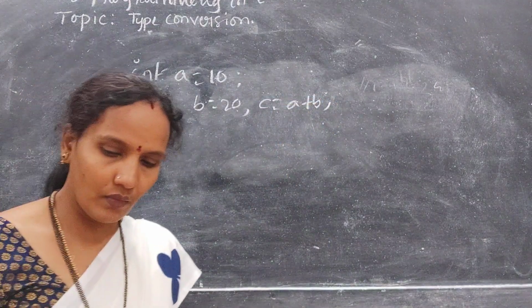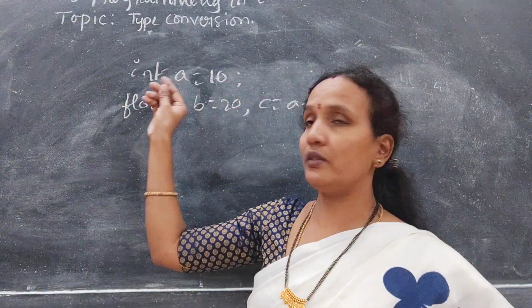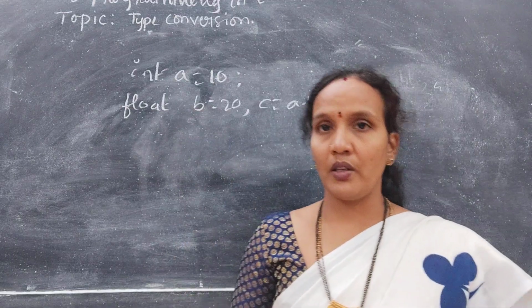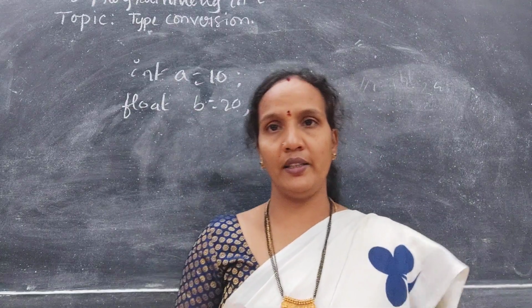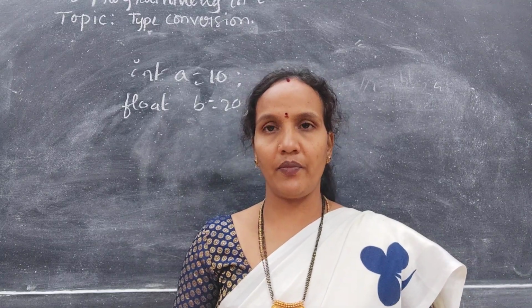Here, what is the data type of a? Integer. What is the data type of b? Float. And when you add one integer and one float value, whatever result you get will be a float.